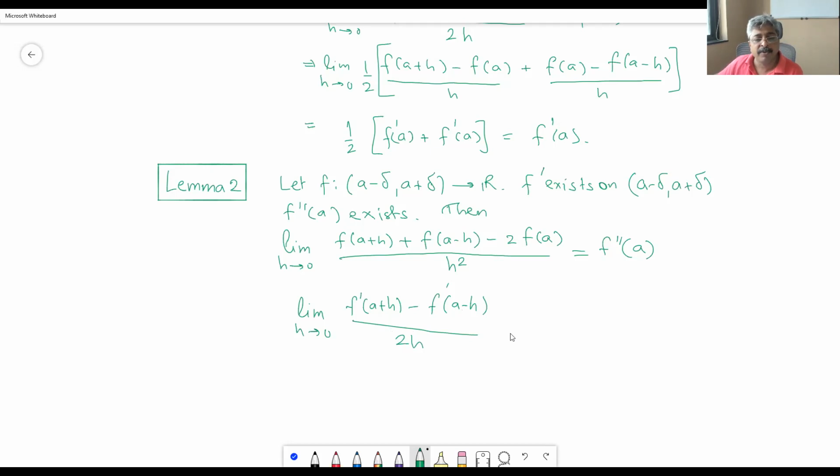But this is the same as lemma 1, equal to f double dash of a by lemma 1.